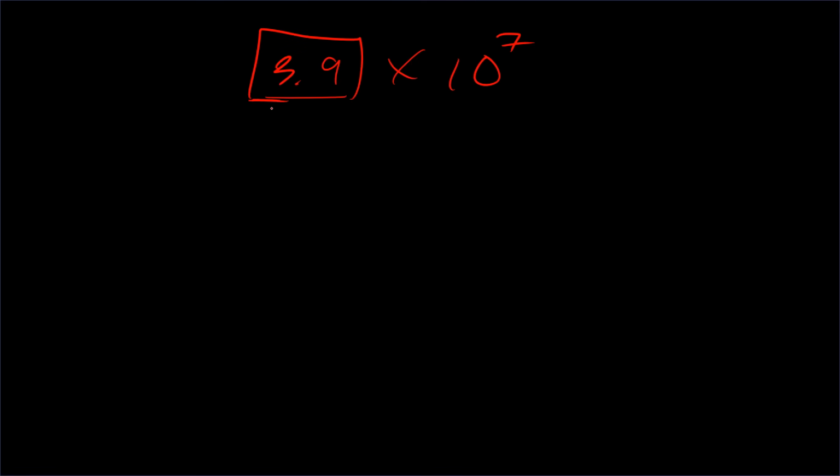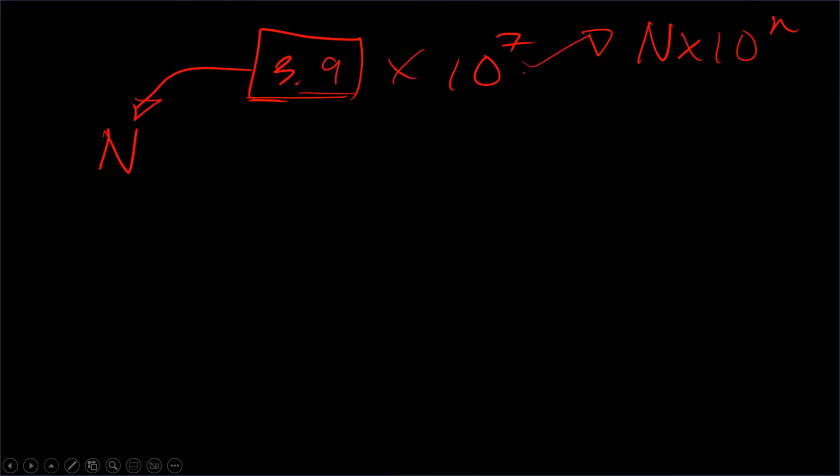So how do we now know that this number here pasok siya dun sa ating definition or description? Kasi sabi natin, di ba, ang form nito must be N times 10 raised to a certain exponent. So itong value na to, this is our N. So sabi natin, yung N natin dapat greater than or equal to 1, pero dapat less than 10. So 3.9, so it is clear that 3.9 is greater than 1, and 3.9 is also less than 10.